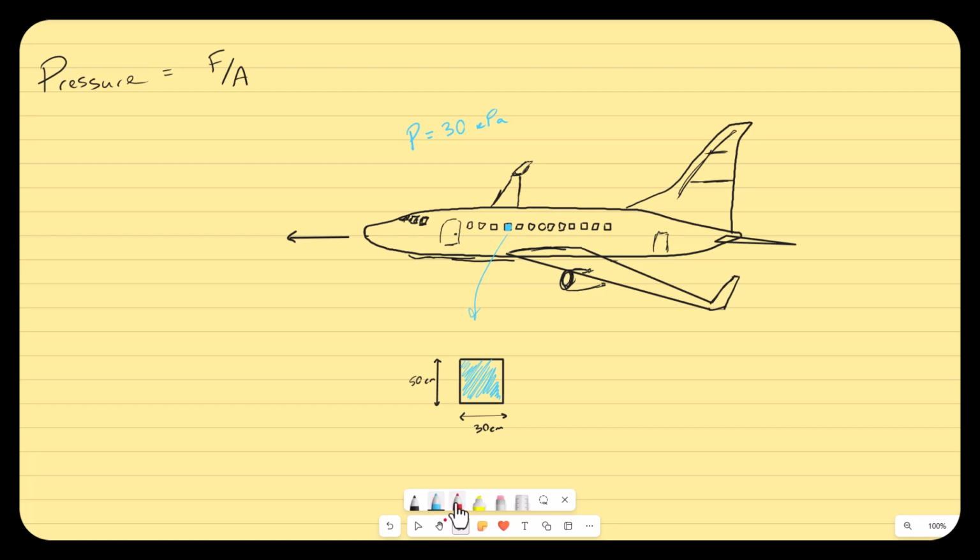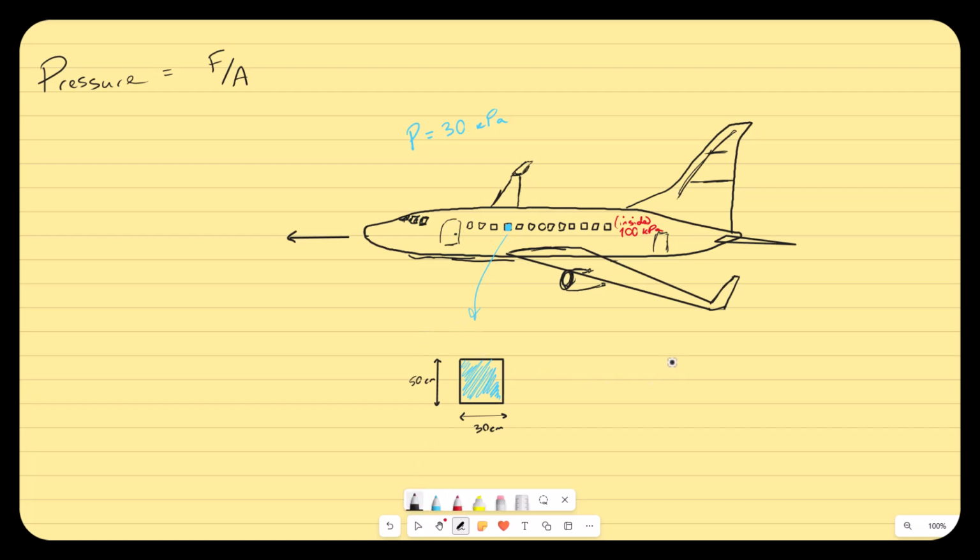Inside the plane, we're going to have maybe 100 kilopascal pressure inside. And I would like to know, what is the force on my window?